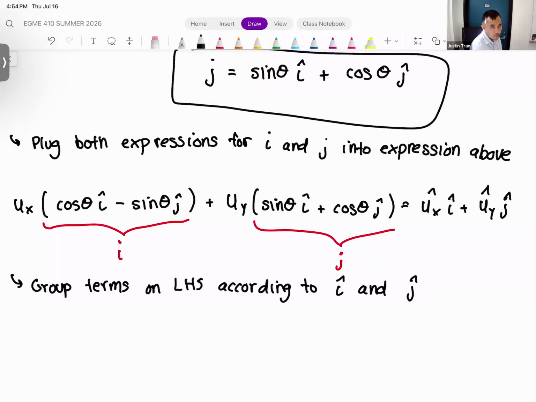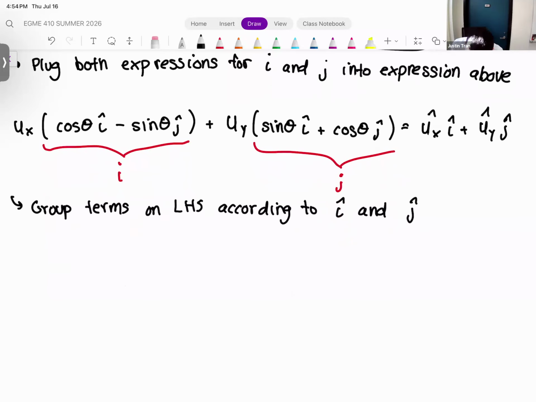All right, so it's just moving some terms around, doing a little bit of distribution and grouping things together. So we do that, and what we get is ux cosine theta plus uy sine theta. Those are the i hat terms.